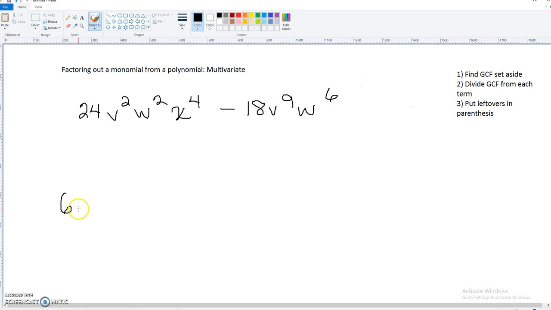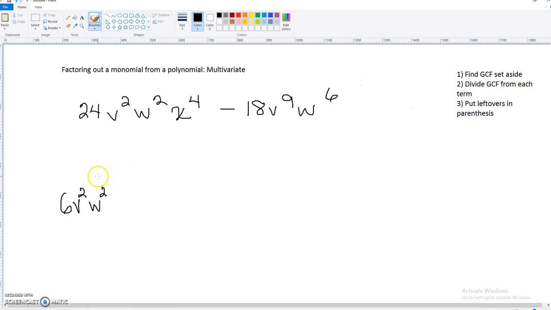I'm going to write it right here. 6, and they both have a V, and the smallest of the V's is going to be 2. They both have a W, and the smallest exponent in this case again is 2.